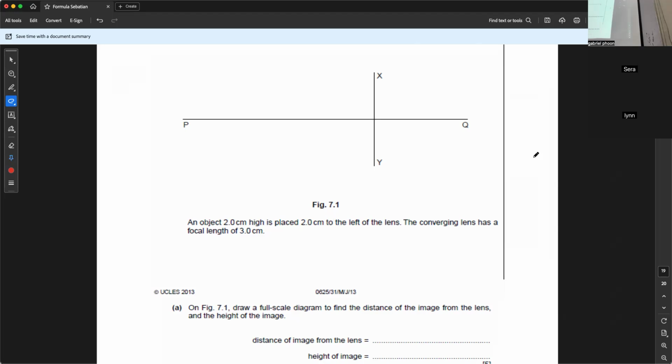When they say the converging lens has a focal length of 3 cm, from here they will measure 3 cm. Then after this will be a focal point. With this here, you're going to do this method again. The first line here will go straight, through the focal point and the optical center, and the result of the third.